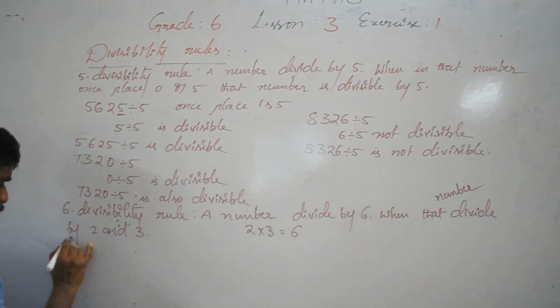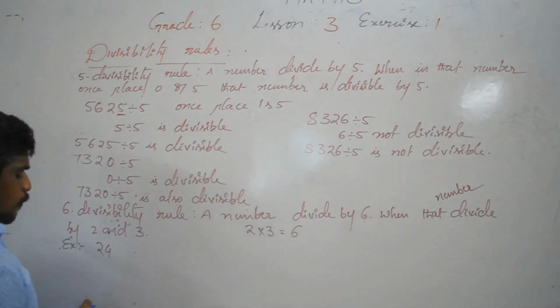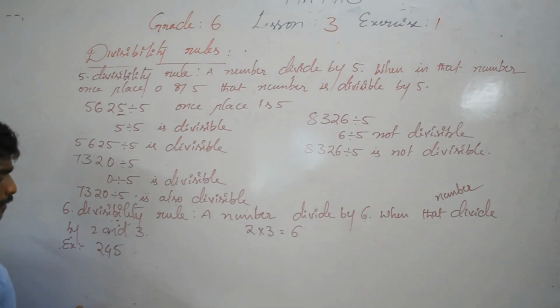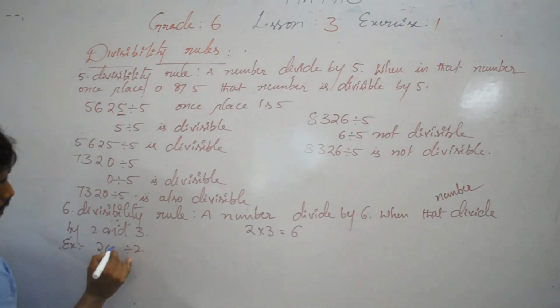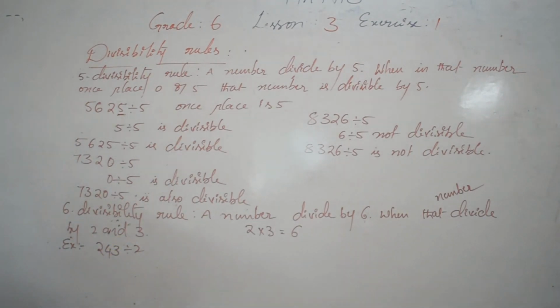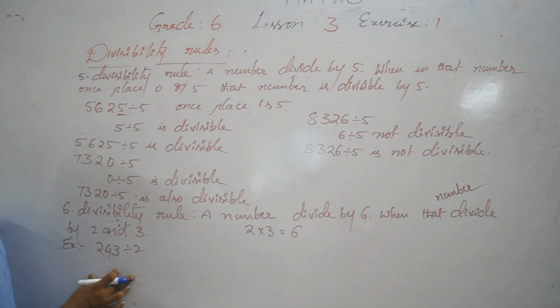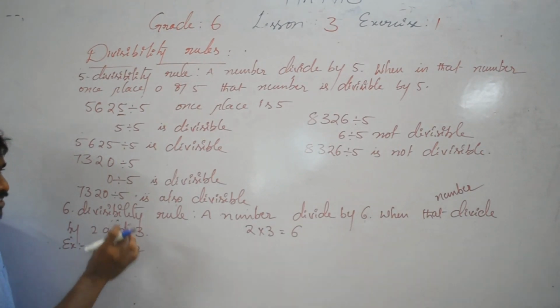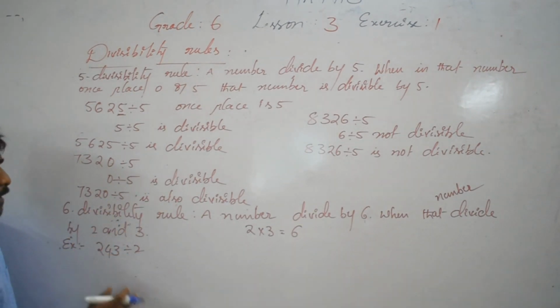So for example, 243 divided by 2. Is this divisible by 2 or not? We know the 2 divisibility rule: in the ones place there must be an even number, but here it is an odd number.